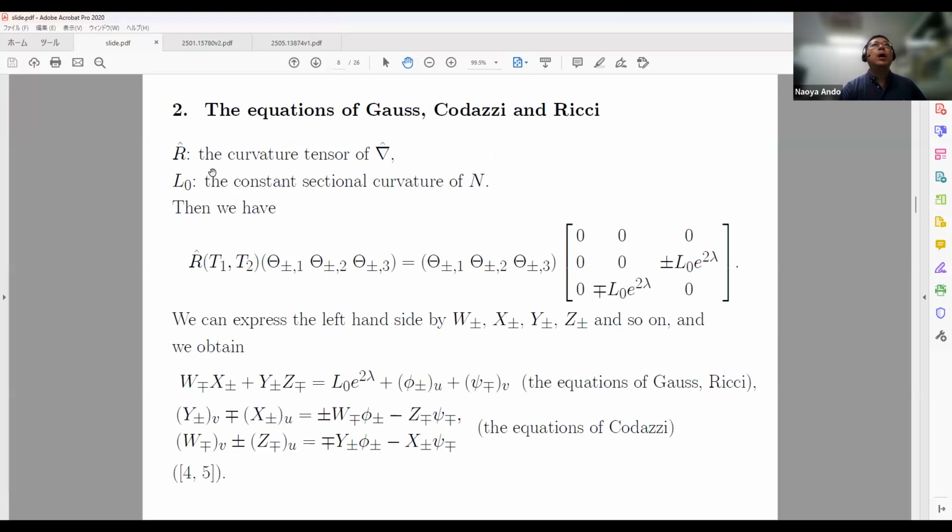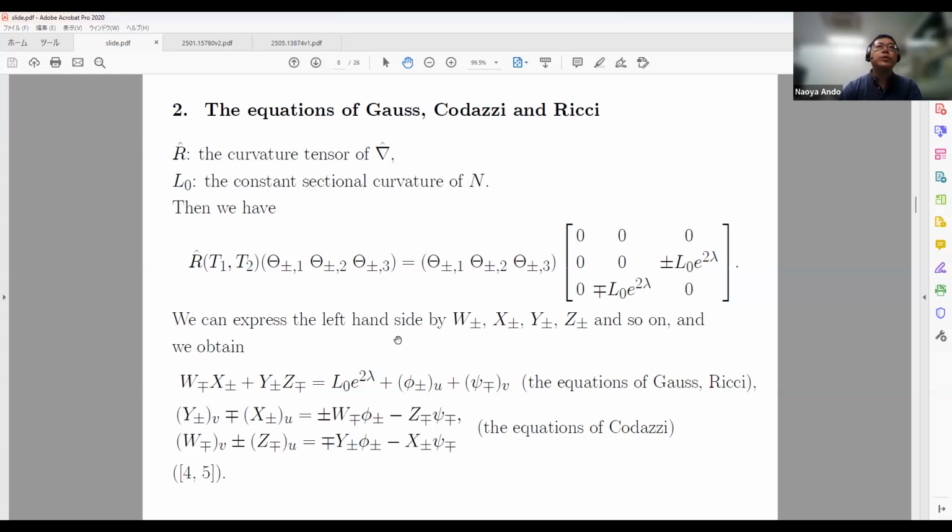Let R hat be the curvature tensor of nabla hat. And let us denote by L0 the constant sectional curvature of N. Then we obtain this relation. We can express the left-hand side by w plus minus, x plus minus, y plus minus, z plus minus, and so on.